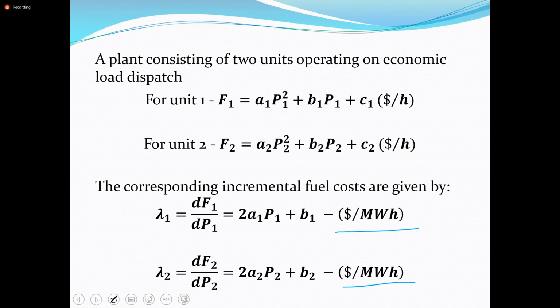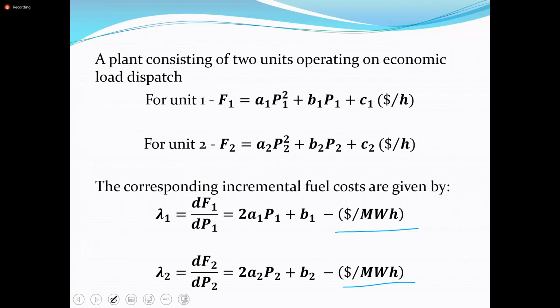Again, students, remember the overarching objective is how do I share the load between these units to ensure that the plant is producing power at the most efficient level.